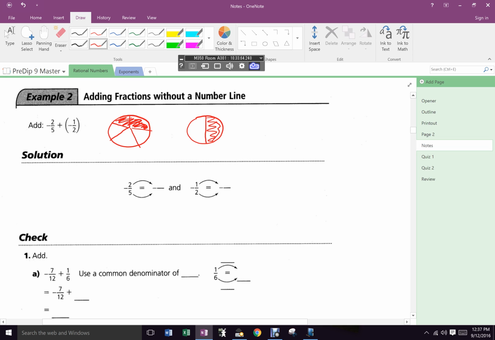Do I have 1/2 there? Do they work together? Like that. They do not work together like that, do they? Because if I take this piece and I move it over here, it's not the same. So it doesn't work. Cool? The slices of the whole are different.